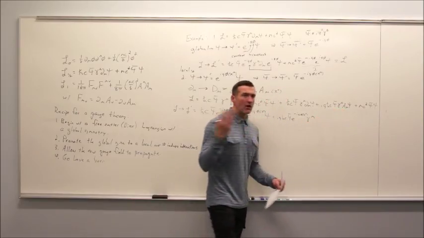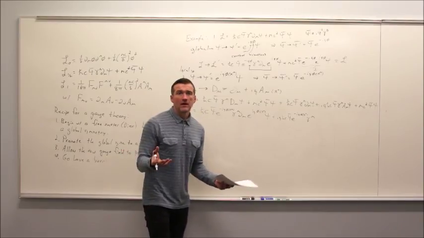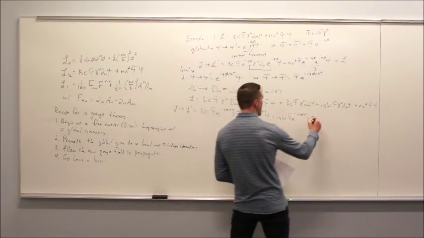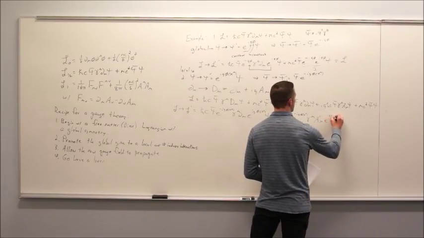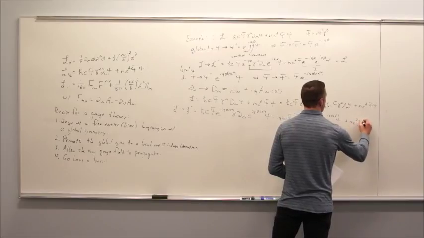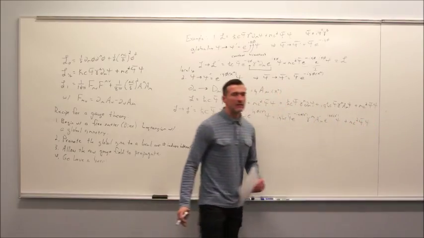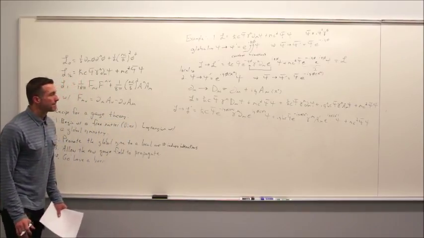I don't yet know how A transforms. It's a field, but I don't know how it transforms, so I'm just going to call that A prime mu. And I'm just going to leave this last term as mc squared psi bar psi, because we already know that last term is invariant.